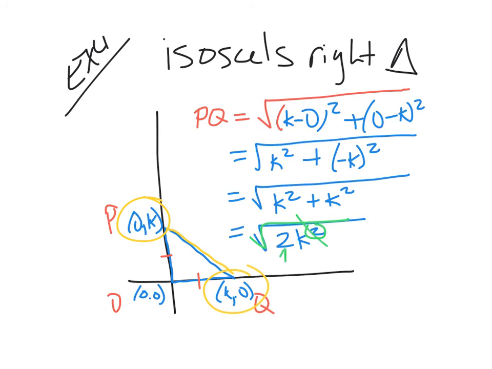But I still have the 2 under the square root. So they cancel and you move the k on the outside. So this would be equals k square root of 2. So when you have something squared, you can move it outside the square root and get rid of the squared, and then just leave whatever else is on the inside. So this is my final answer, k square root of 2.